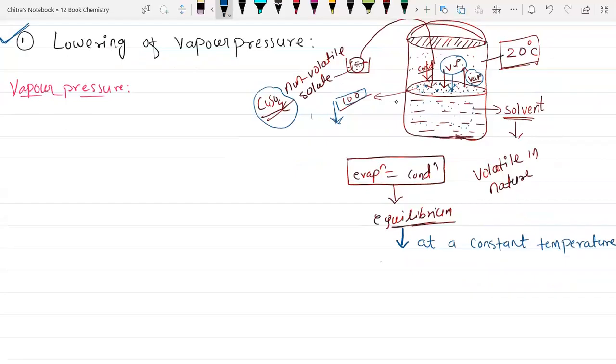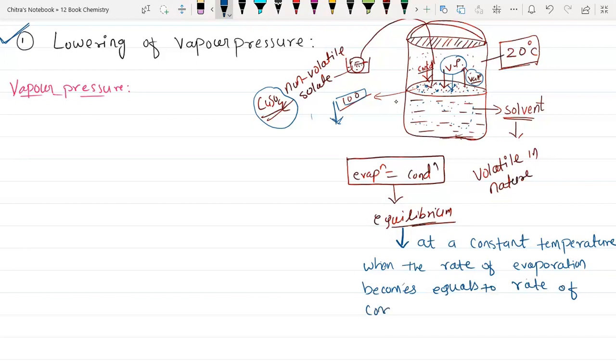Okay. At a constant temperature, when the rate of evaporation becomes equal to the rate of condensation of any volatile liquid, it is called equilibrium.